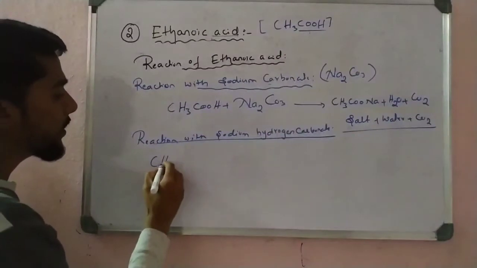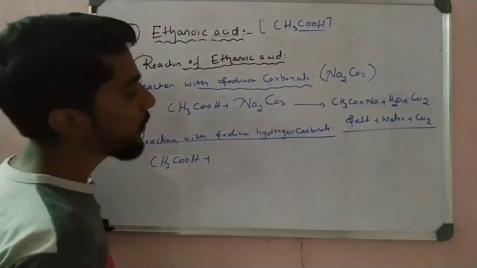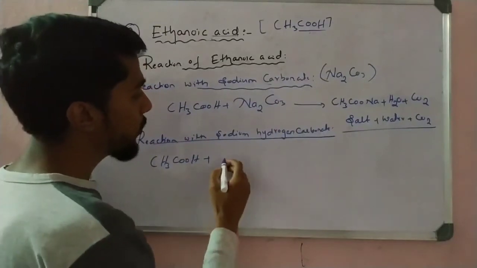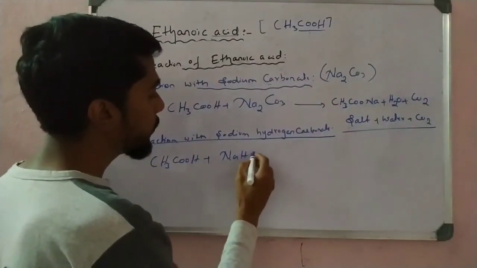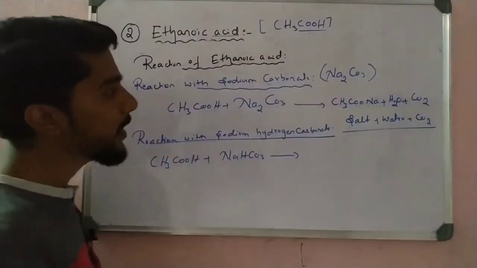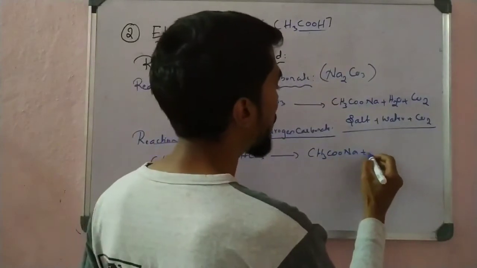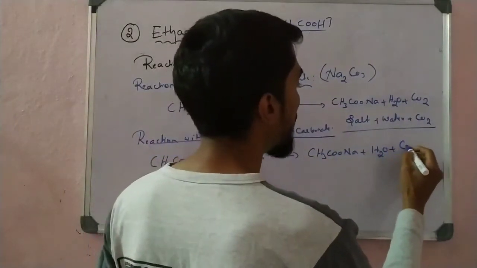We know the acid, CH3COOH, plus sodium hydrogen carbonate, NaHCO3, that is baking soda, bicarbonate. So we get the same products: CH3COONa plus water plus carbon dioxide.